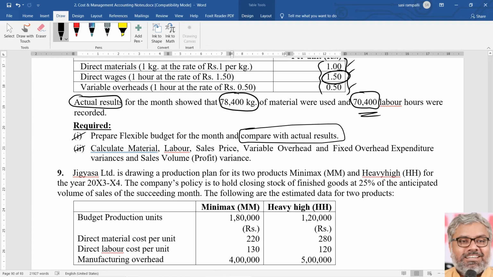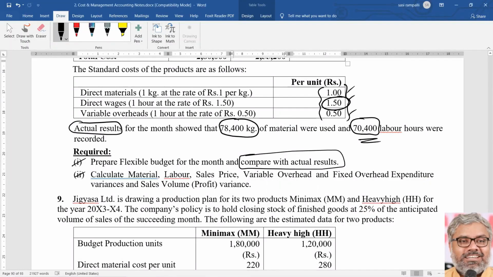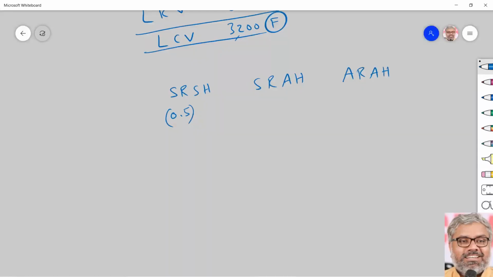It was 0.5 per hour. And standard hours required for actual output, we already know. That is 72,000 hours. Actual hours are given in the question as 70,400 hours.